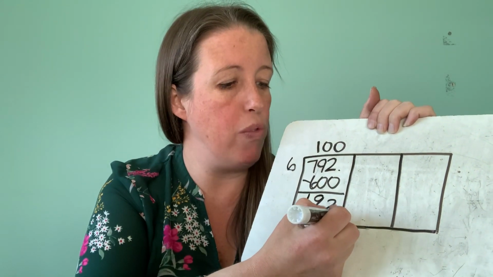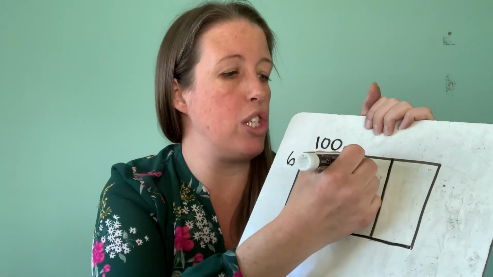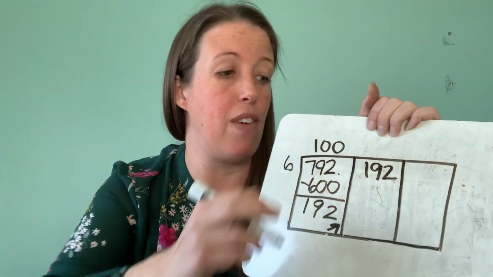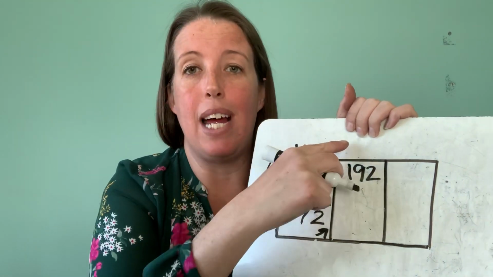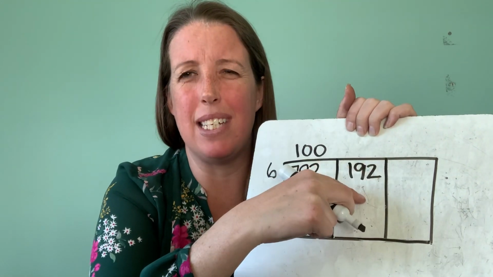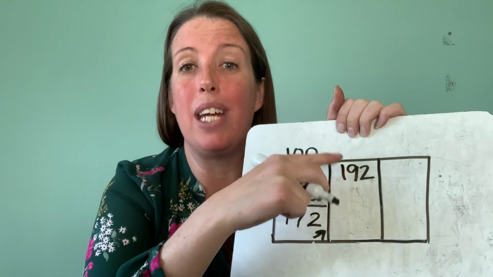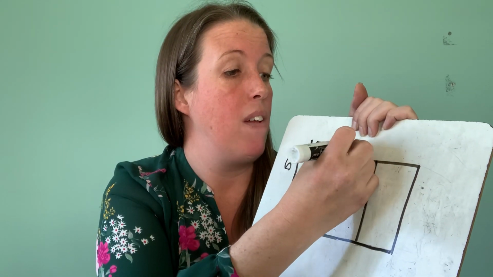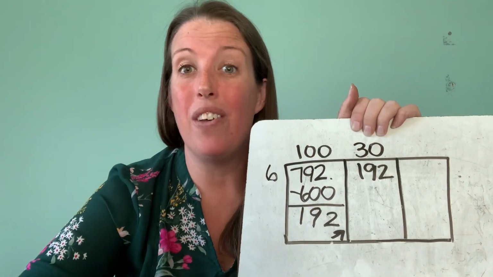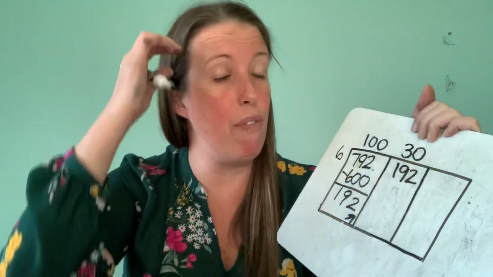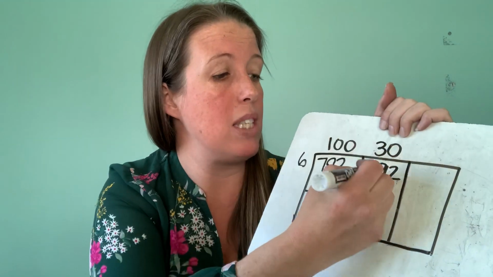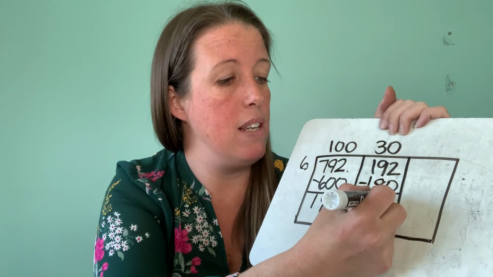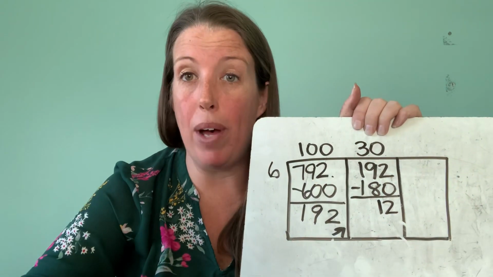Now I'm going to move this 192 over to my tens place, because now I'm going to focus on my 10 facts. 6 times 10 is 60. 6 times 20 is 120. 6 times 30 is 180. 6 times 40 is 240, and that's too much. So I'm going to use the 6 times 30 is 180. When I subtract it, I'm left with 12.